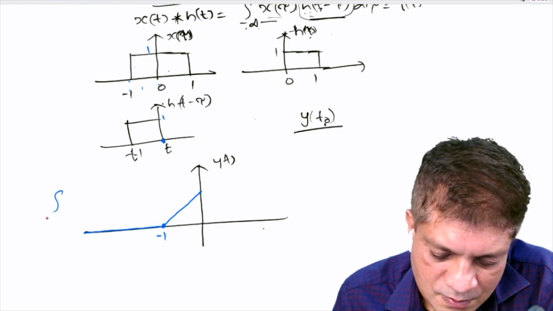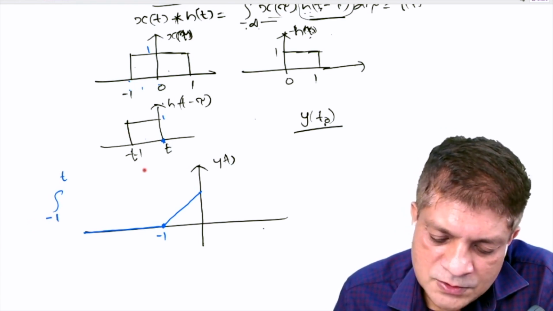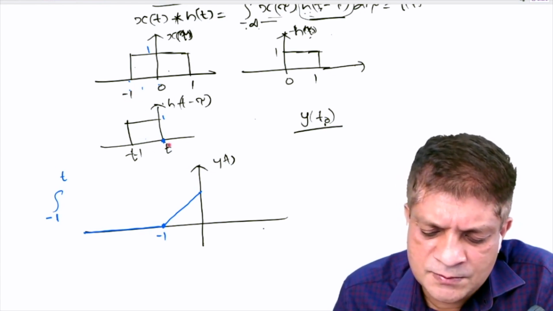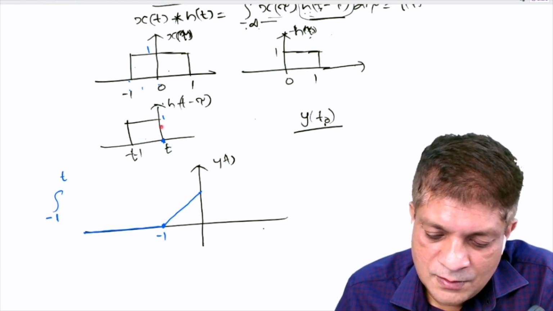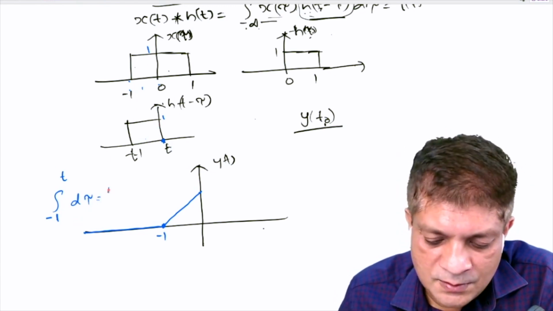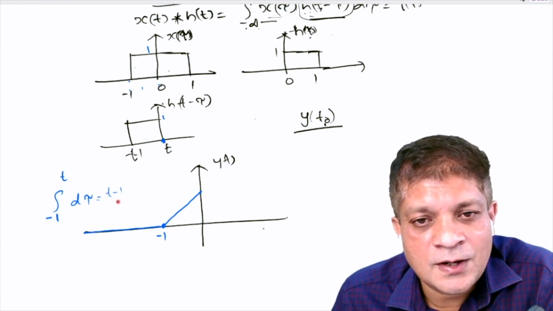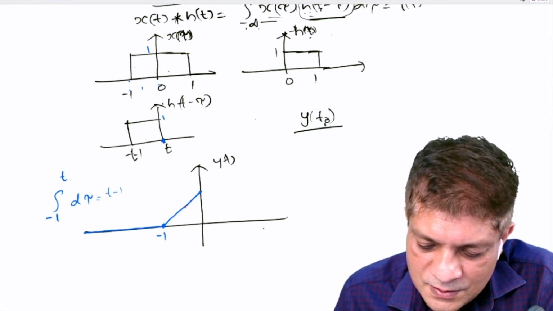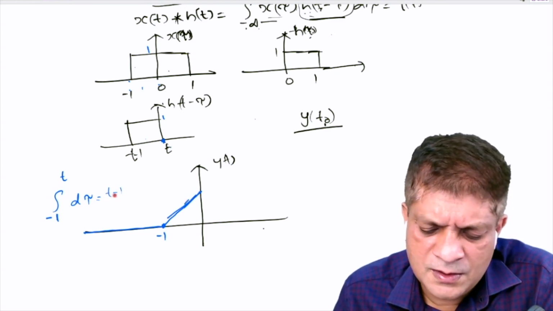Minus 1 to t. But 1 into 1, so it is d tau. Is it t minus 1? It is t plus 1.